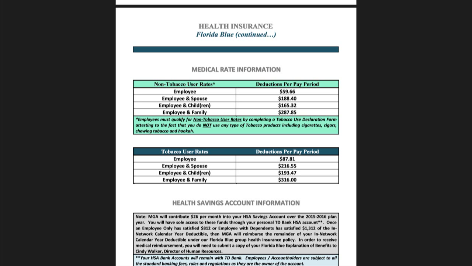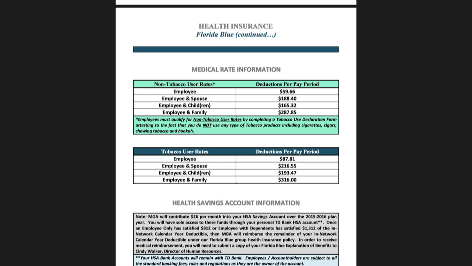Clearly, Gottlieb and Associates, Mike and Mel, care about all of you and your families. They not only want to make sure that you have affordable access to health insurance, but they want to encourage you to receive the medical care that you need by assisting with the majority of you and your family's calendar year deductible. And they certainly deserve a big round of applause and thank you for their generous contributions.